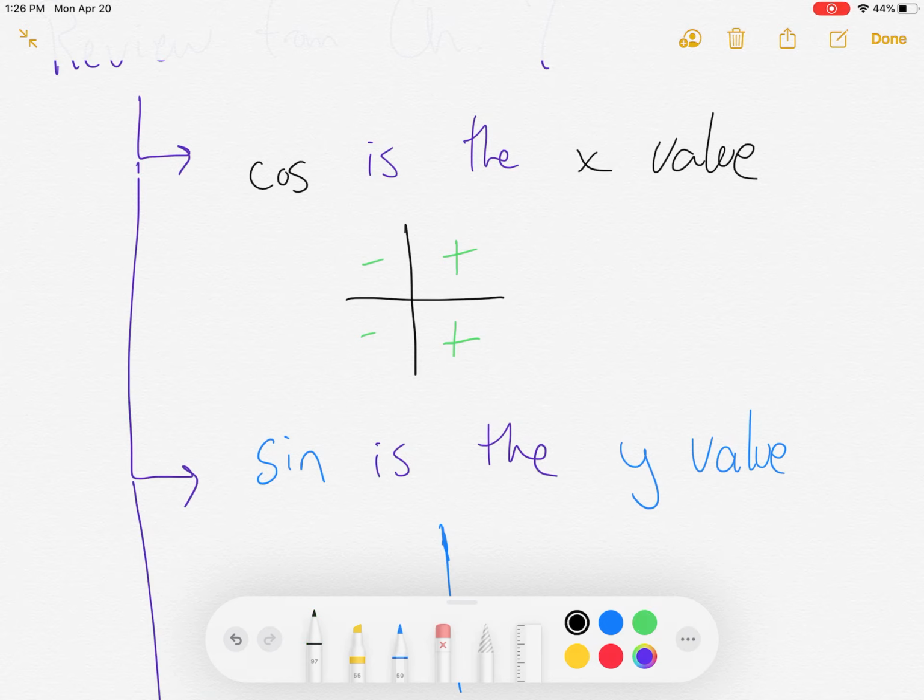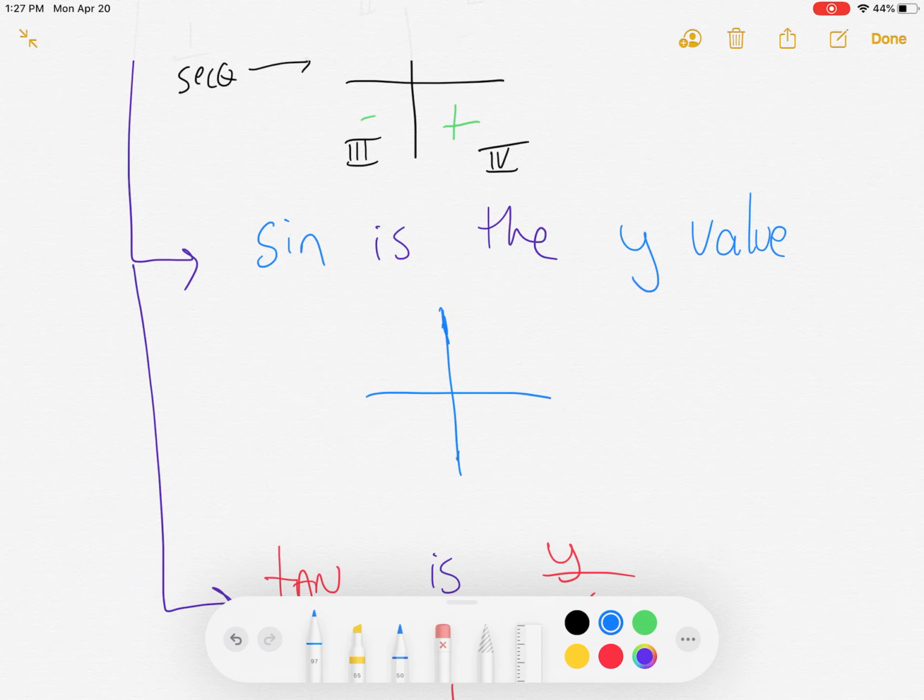Along the same lines, cosine is the same as 1 over the secant of theta. So these are the same thing. Positive in quadrant 1 and 4, and negative in quadrant 2 and 3.